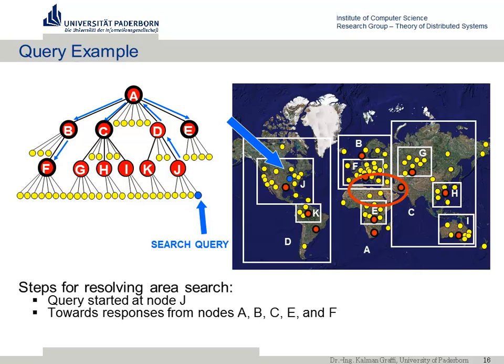It's somehow easier if you are looking at a smaller scale. If J would look only for some area here, which is also located in the US, then it would only consider the super peer J, and the other nodes would not be bothered. Or if that node would contact some area here in D, then also only J and D would be contacted.